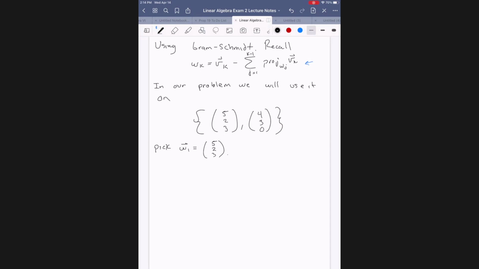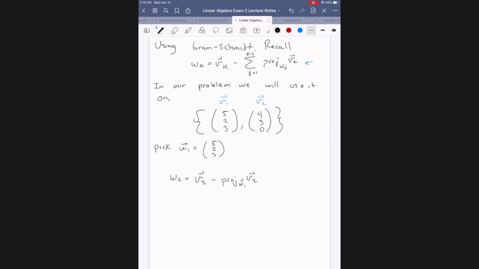So W2 is going to equal what? If we label this as V1 and V2, it's going to equal V2 minus the projection of V2 onto W1, right?